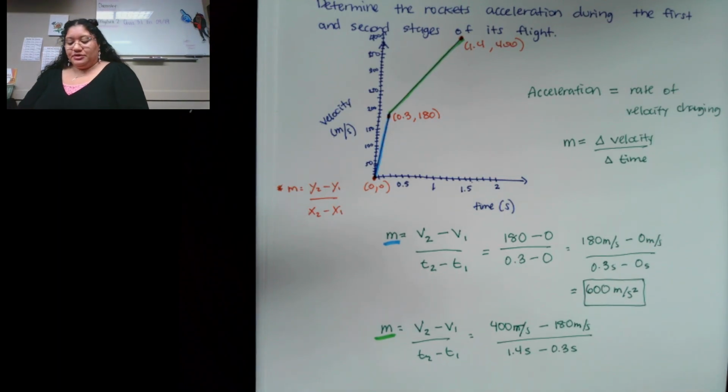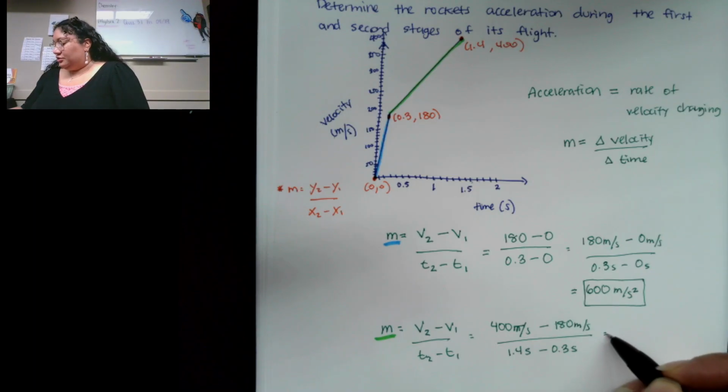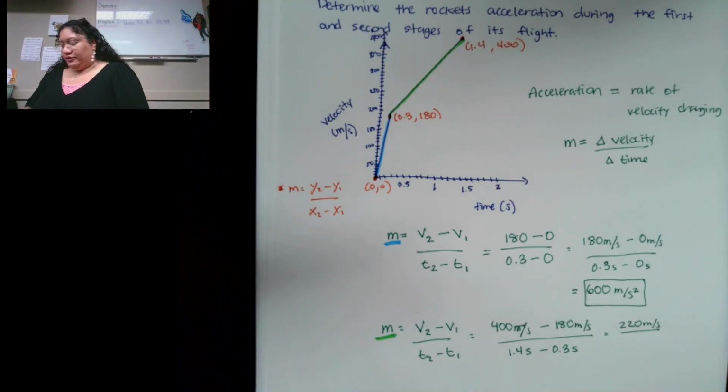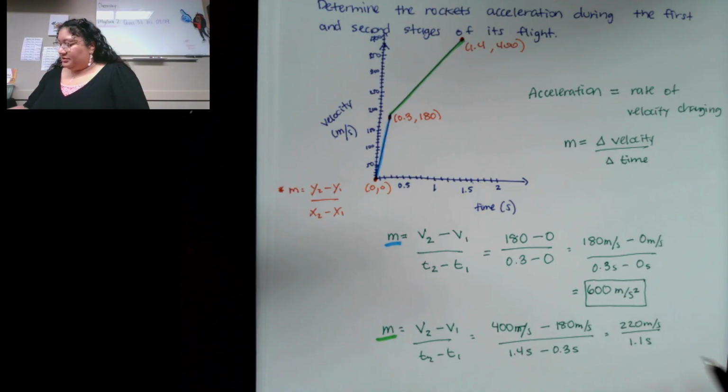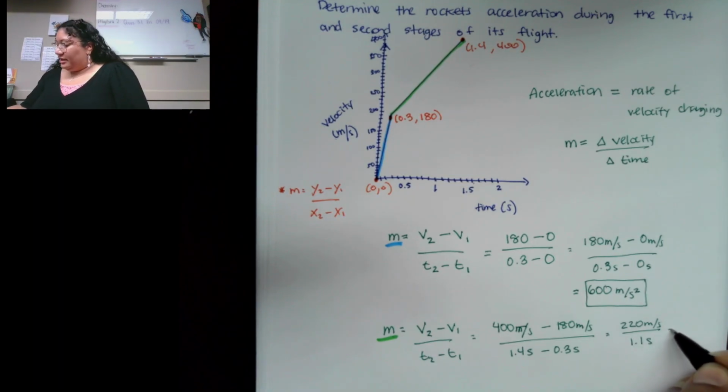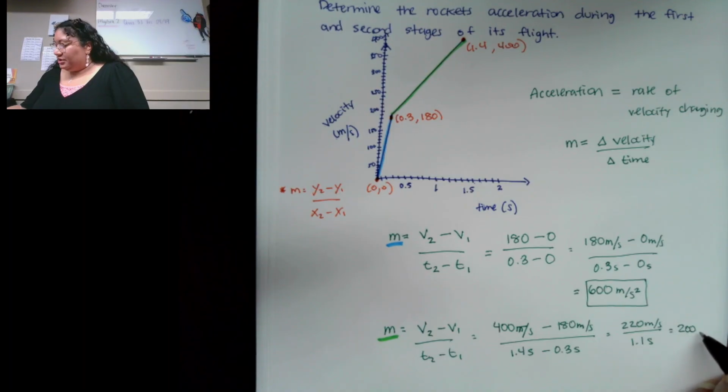From here, we use our handy dandy calculator. I do 400 minus 180. I get 220 meters per second over 1.1 seconds. So now I divide those. 220 divided by 1.1. I get 200 meters per second what? Squared.